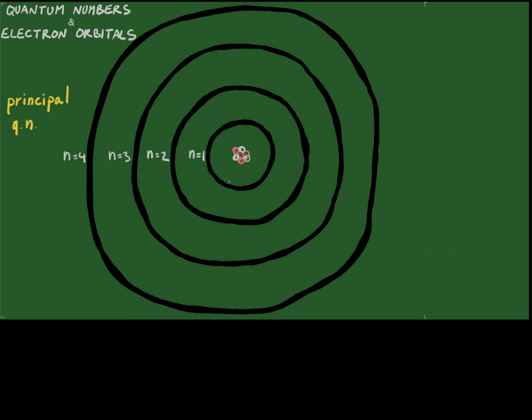Now what you have to understand is that within each one of these orbits there are subshells, and we're going to have a look at them. So let's zoom in on each of these levels or shells and see what's going on in there.